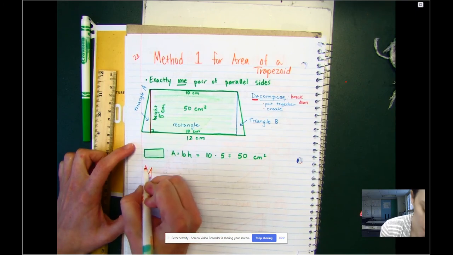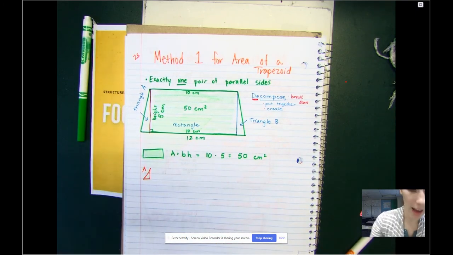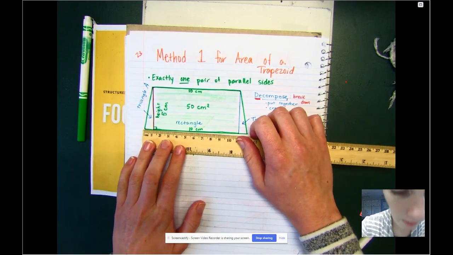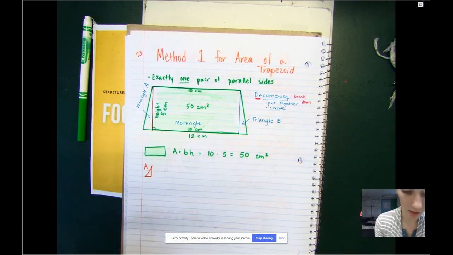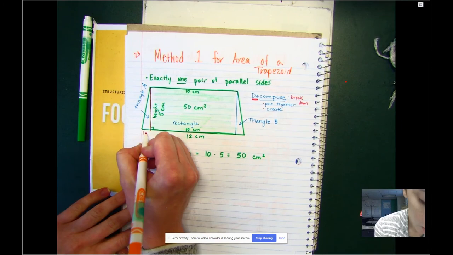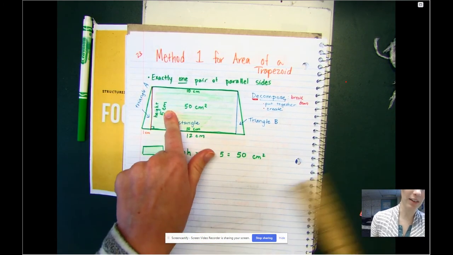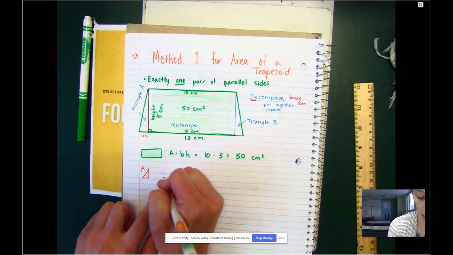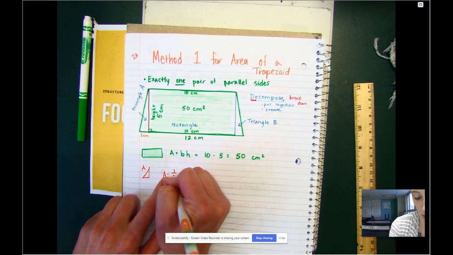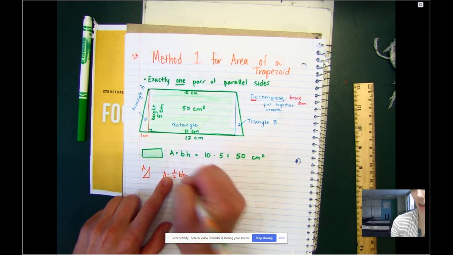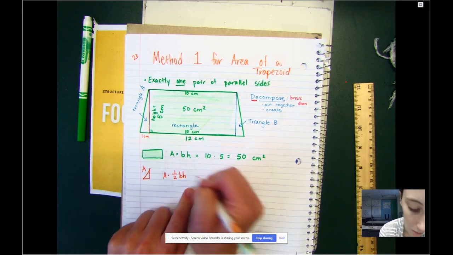Triangle A has a base of 1 centimeter and a height of, we still have this, 5 centimeters. And we know that the area of a triangle is 1/2 the base times the height, or base times height divided by 2.